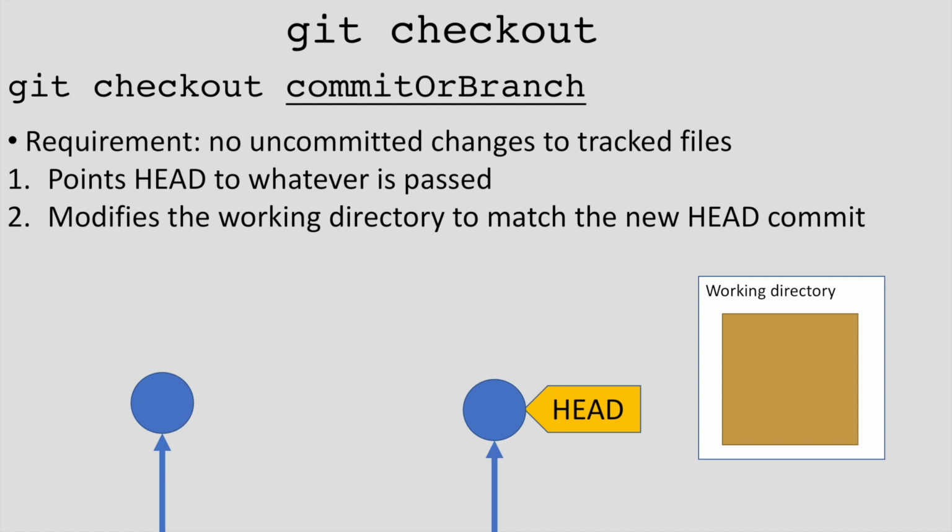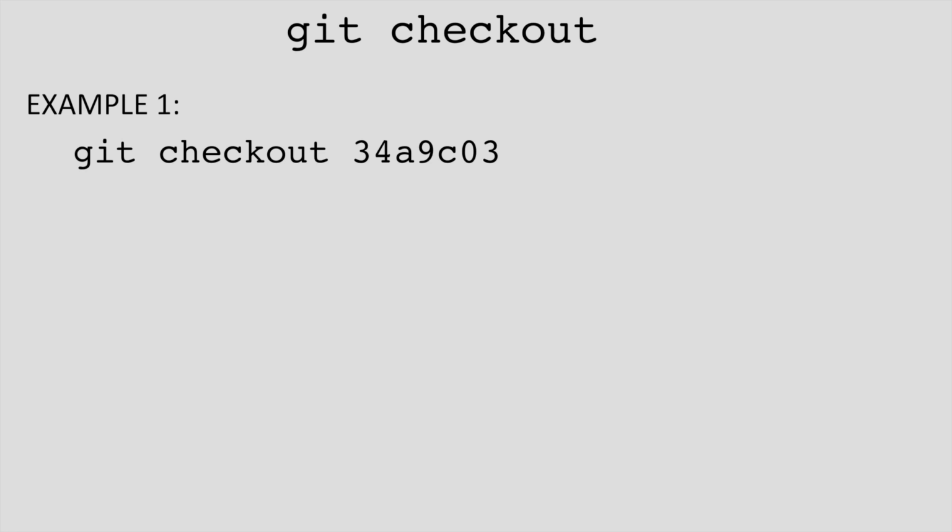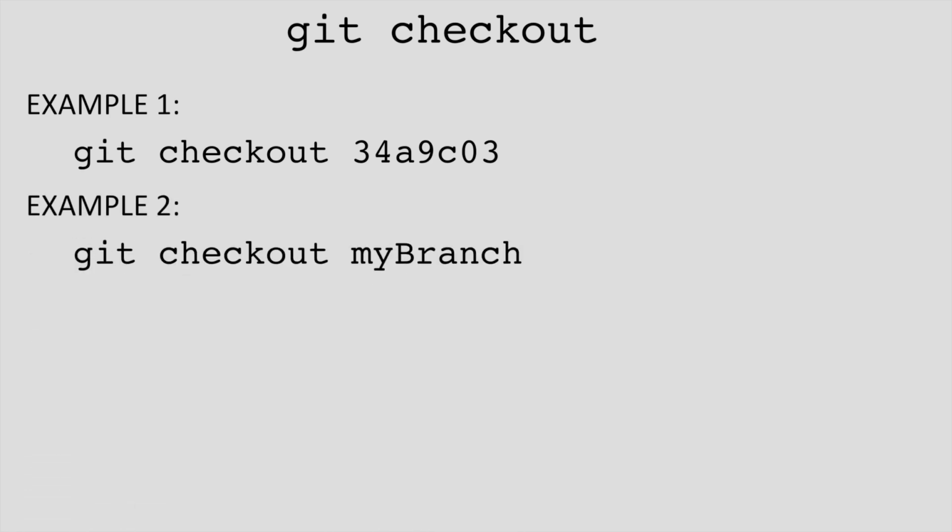This is the first command we've seen that actually modifies the working directory. On this slide I have two examples of git checkout. This git checkout checks out by commit hash, so it checks out a commit and it results in HEAD being detached. This example checks out a branch by name, and it results in HEAD being attached to the branch.